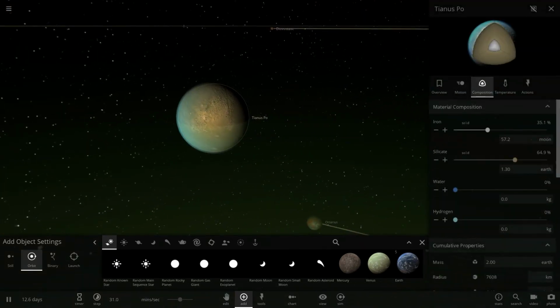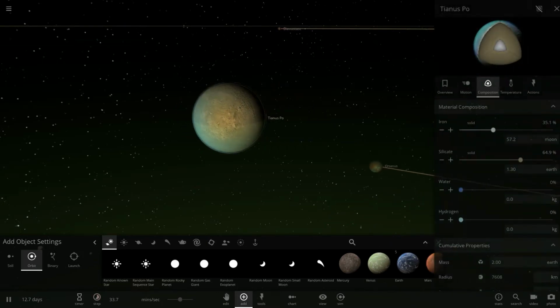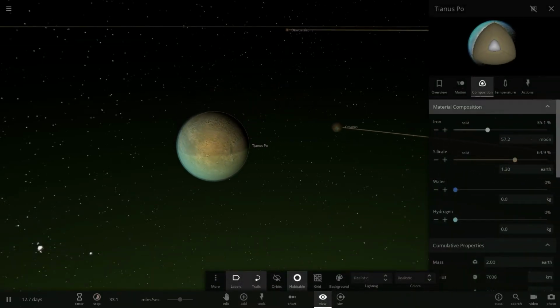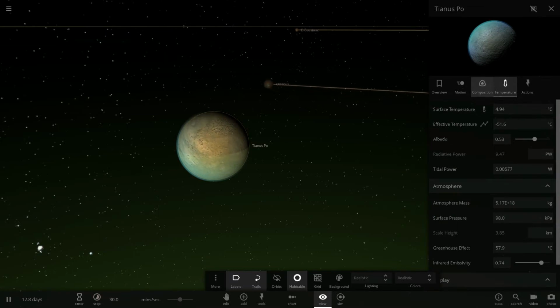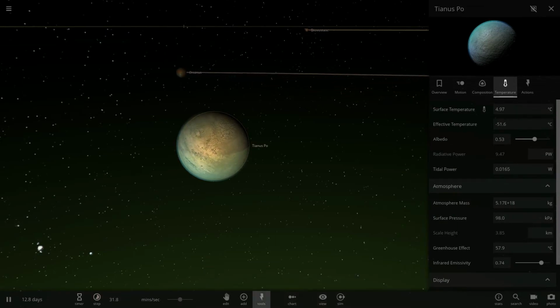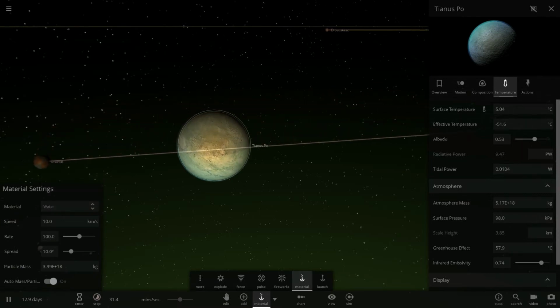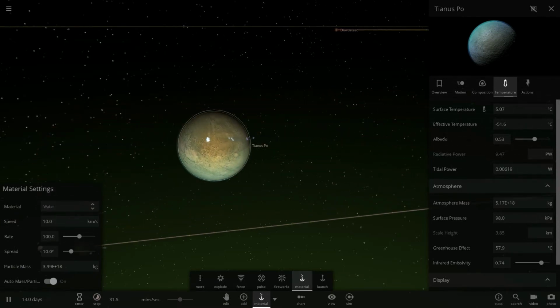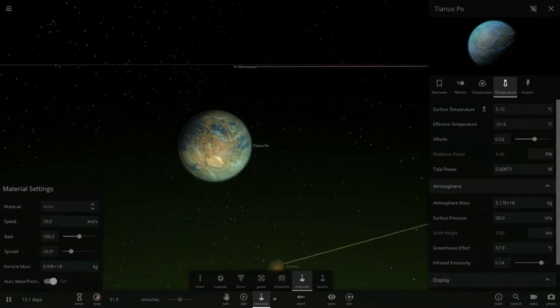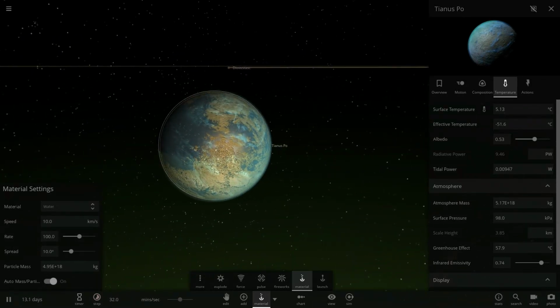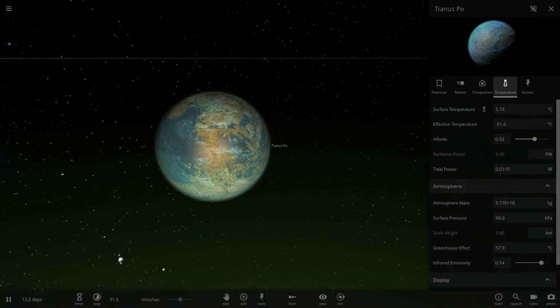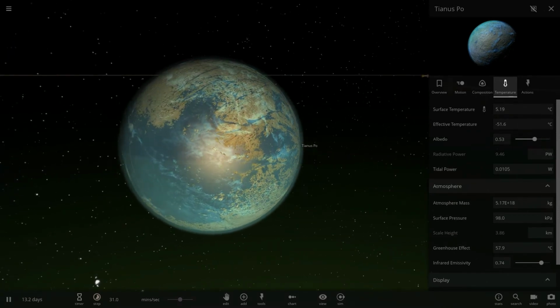And on these super Earths, we could find that these planets are actually super habitable.